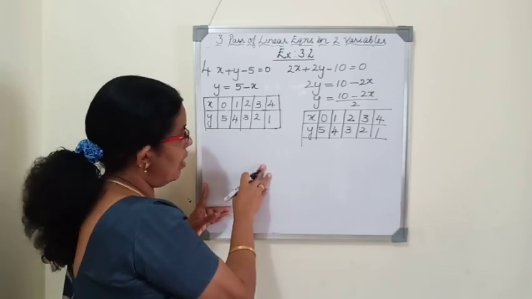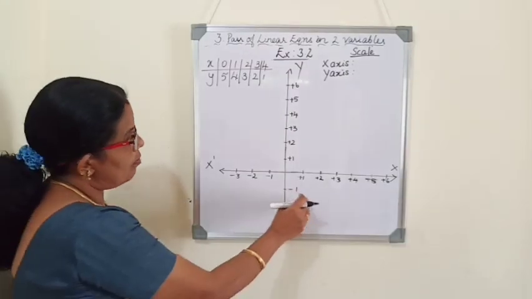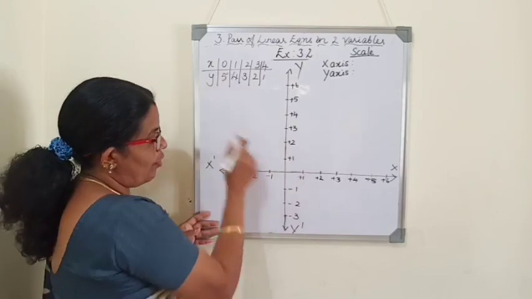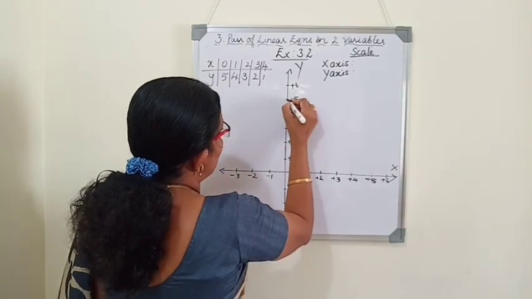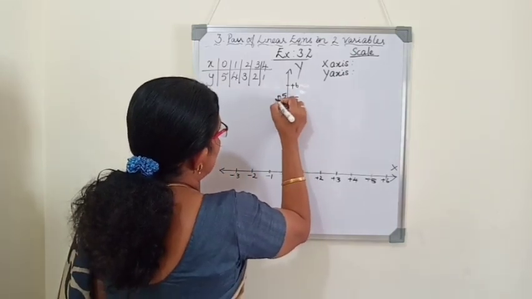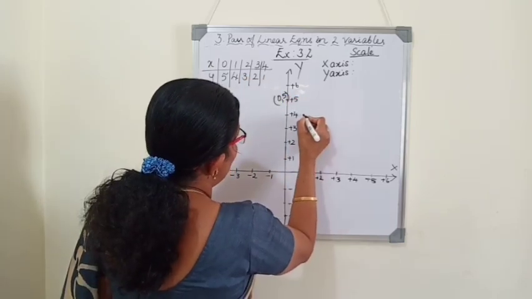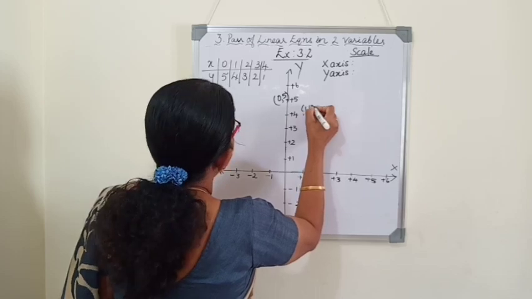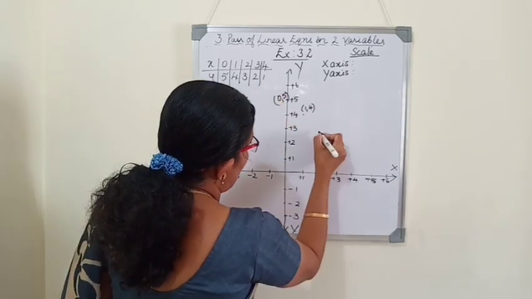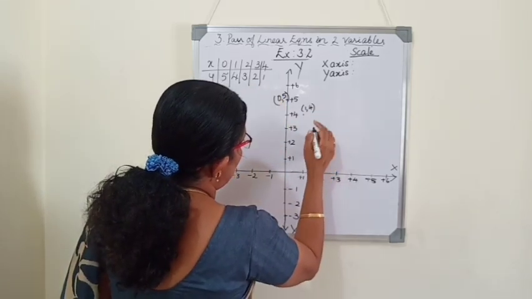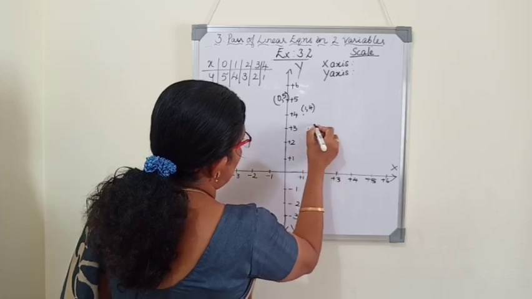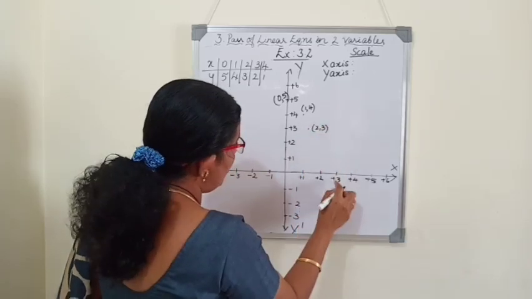Now, we will draw the graph. We plot the points. First point is 0, 5. Next, 1, 4. Next, 2, 3. Then 3, 2.